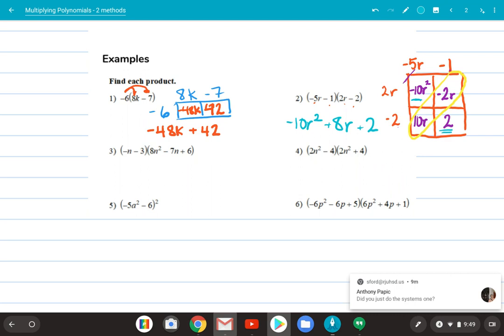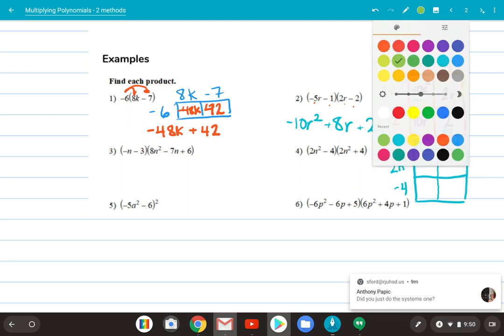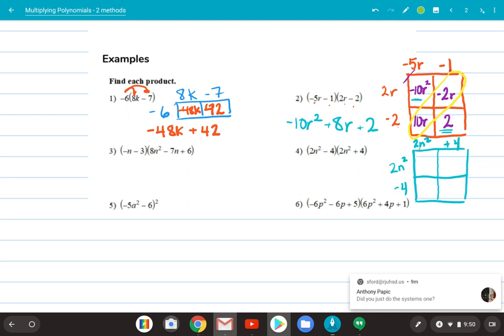It is a 2 by 2. Oh, I thought I'd made this one bigger. Sorry, guys. Okay, so we get 2n squared minus 4, 2n squared plus 4. Just helps to change color when I'm doing it. So 2n squared times 2n squared, 4n to the fourth. 2n squared times 4, we get 8n squared.